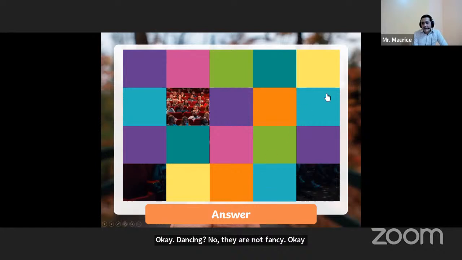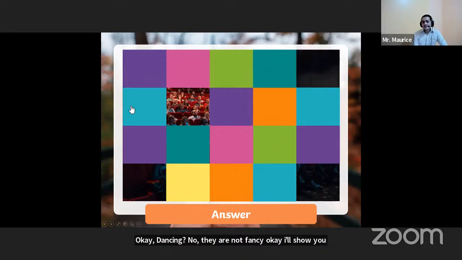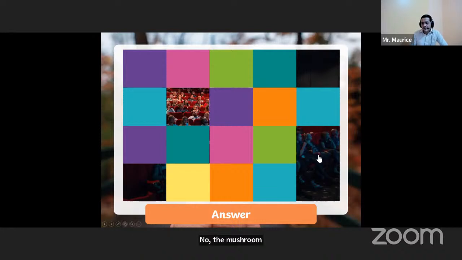Okay, I'll show you another piece of the picture. What are they doing? ¿Alguna idea? ¿Qué están haciendo? ¿No? Ok, les muestro otro pedacito. What are they doing?